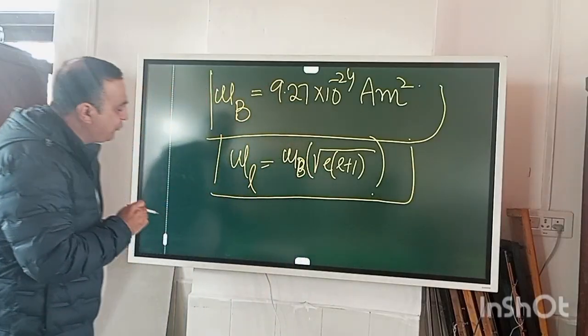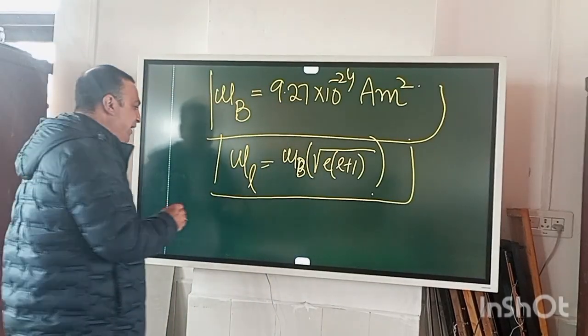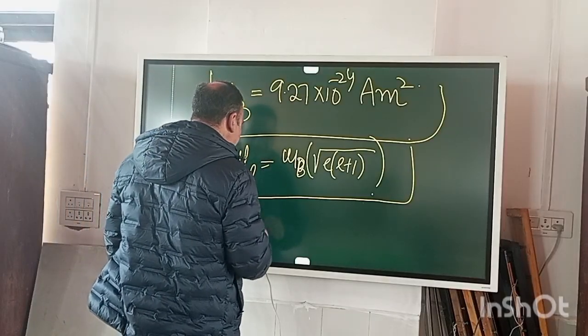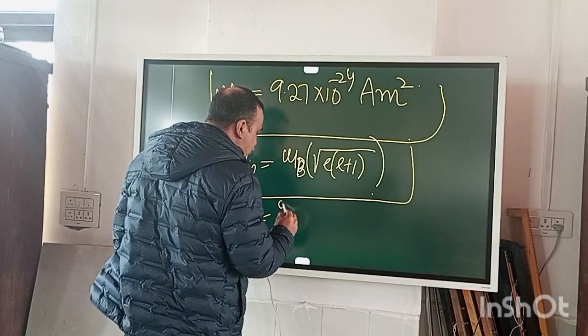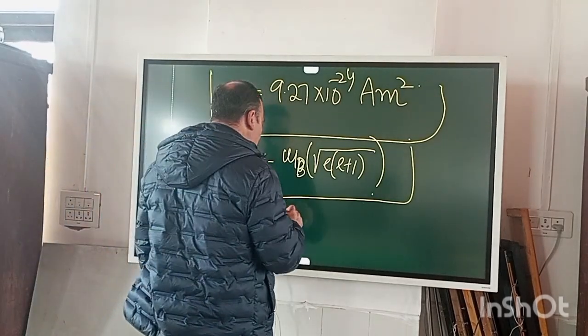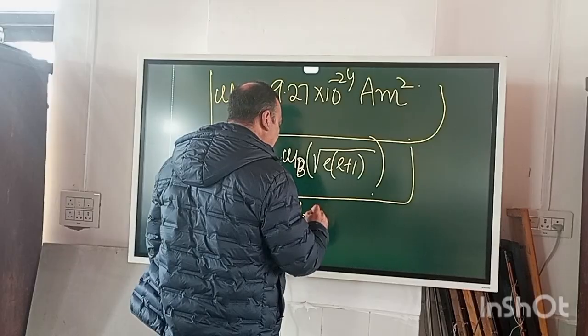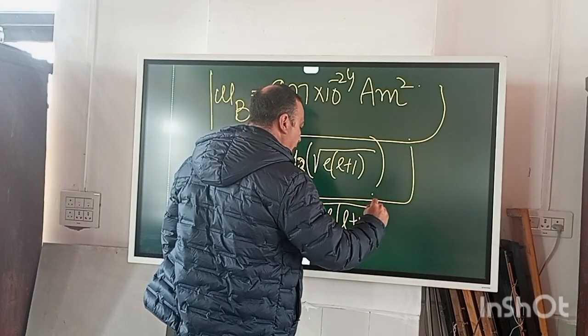And if I have to write down the spin magnetic moment of the electron, I can write down μs is equal to, now here I will have 2, if you rightly remember that, gs. This is 2 μB times the square root of l times (l plus 1).